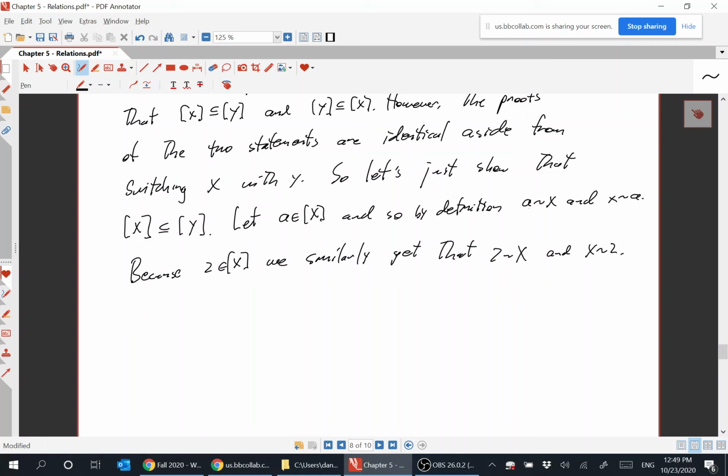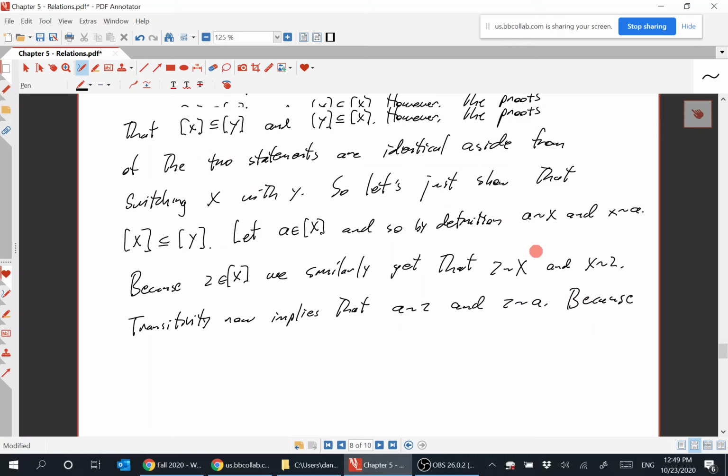Now, transitivity implies that what? So I have A is related to X, and X is related to Z. A is related to Z. Yeah, A is related to Z, and Z is related to A. Okay. Now, Z is also where?